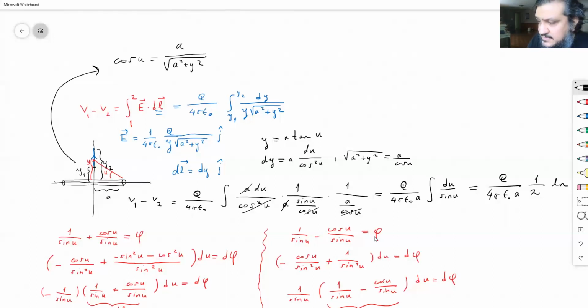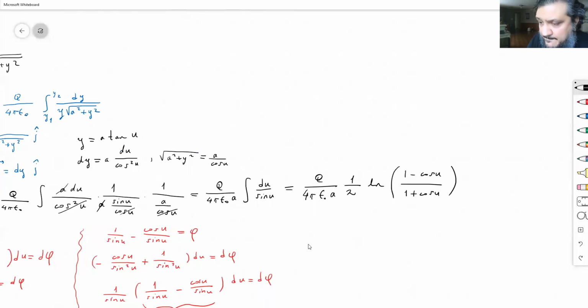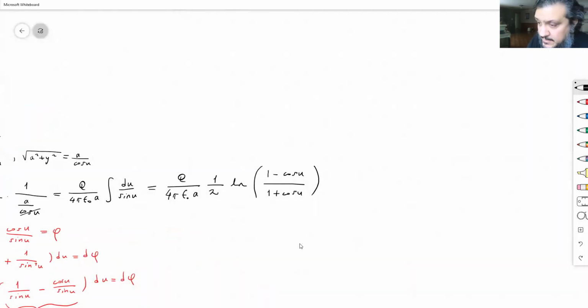So let's plug that in here now. One minus a over square root a squared plus y squared, divided by 1 plus a over square root a squared plus y squared.